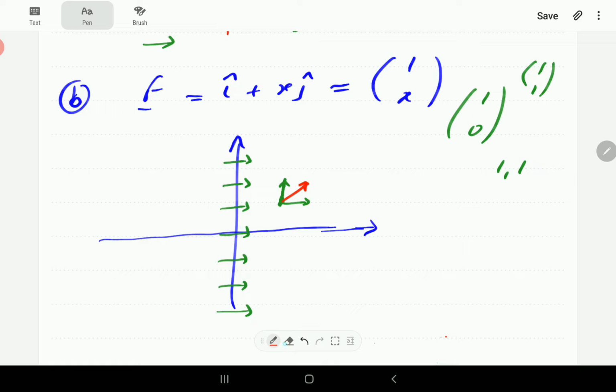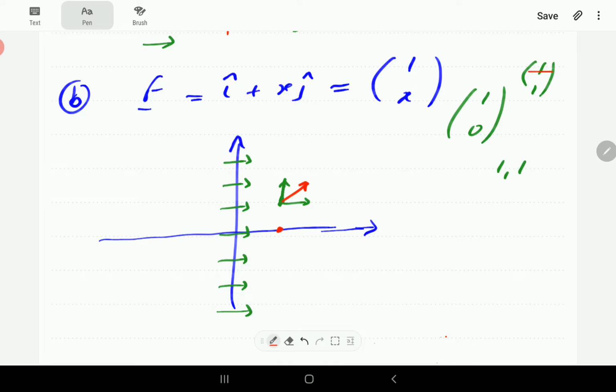Now, everywhere on the vertical line x equals 1, the vector is going to be similar because x is the same. So if we choose the point (1, 0) and feed it here, it's still going to give us the same vector because we are plugging in 1.